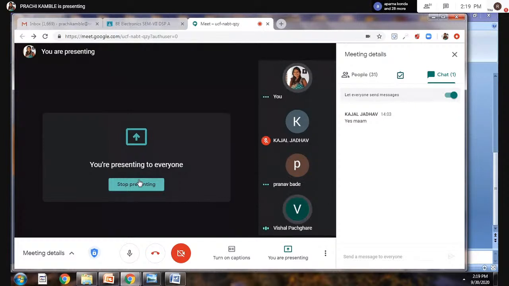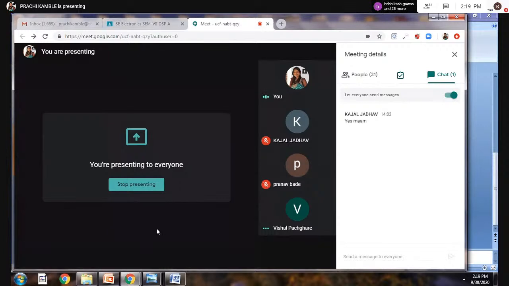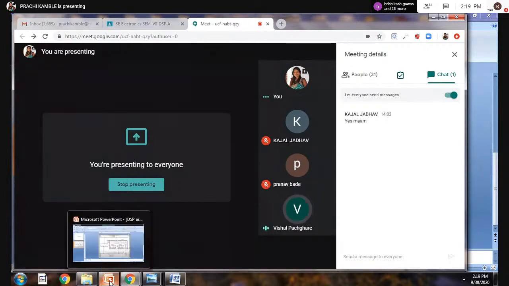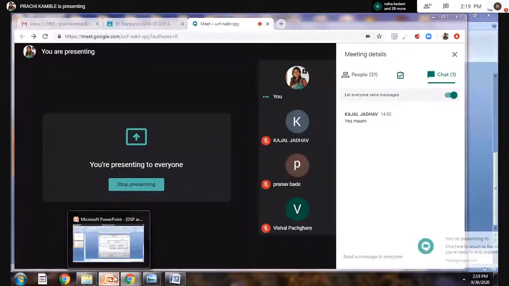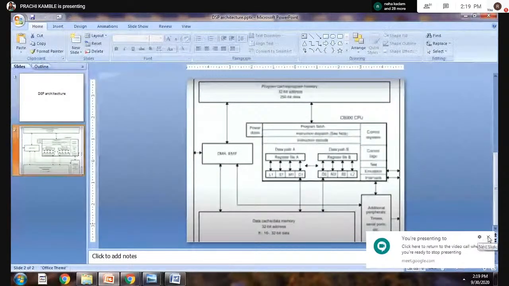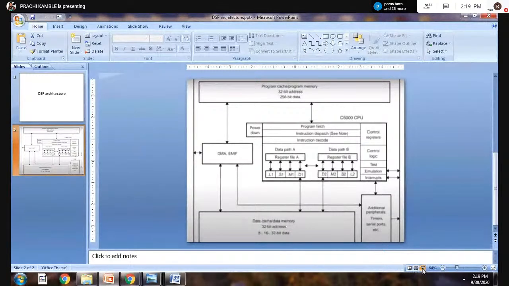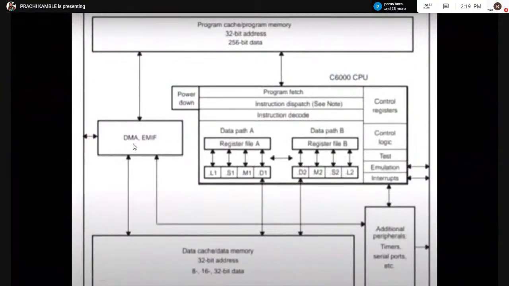And EMIF? Some kind of interface. Yes. Okay, External Memory Interface. Right. So here we have DMA, that is direct memory access, and second is external memory interface.